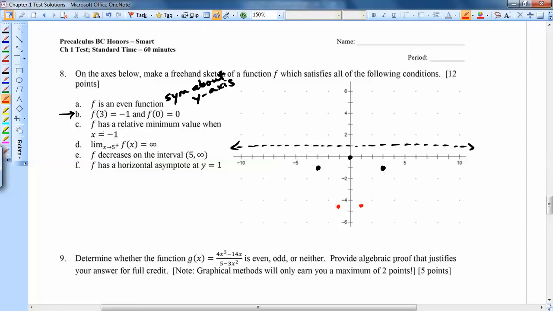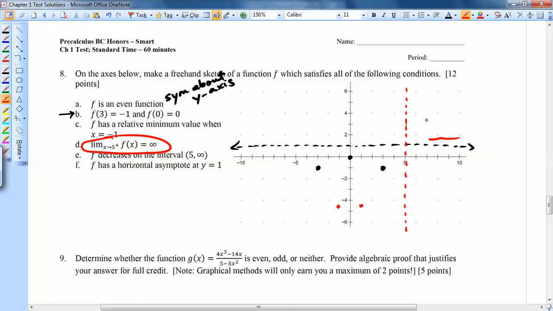Let's look at this one. Okay, so the limit as x goes to 5 from the right of f of x is infinity. So that means as I'm approaching 5 from the right side of it, the y values go up to infinity. So as I'm coming towards 5 from the right, as I'm coming in this way, I have to go up to infinity.